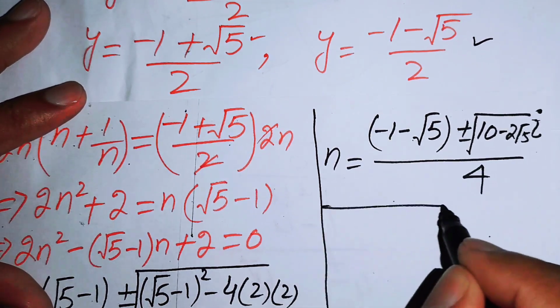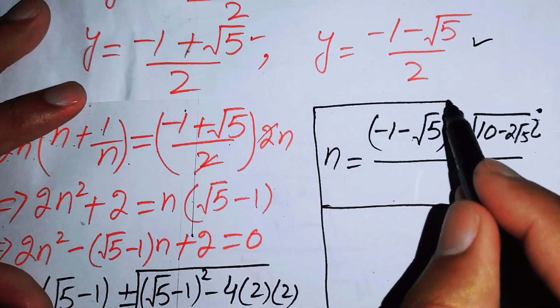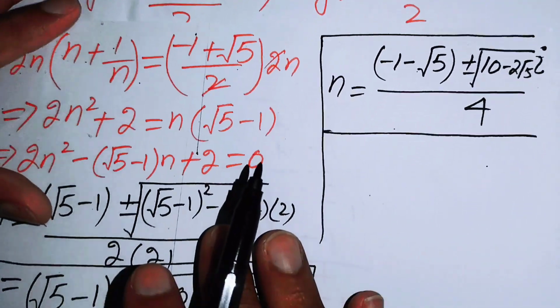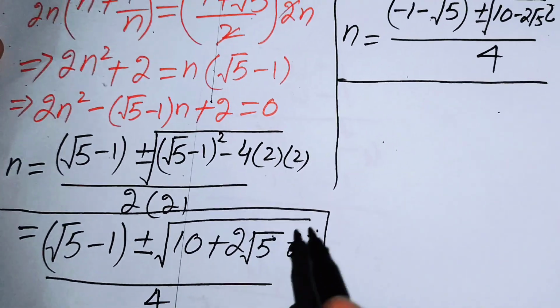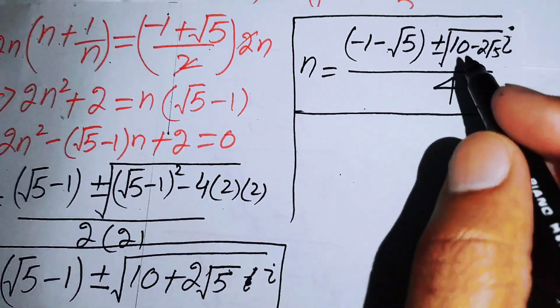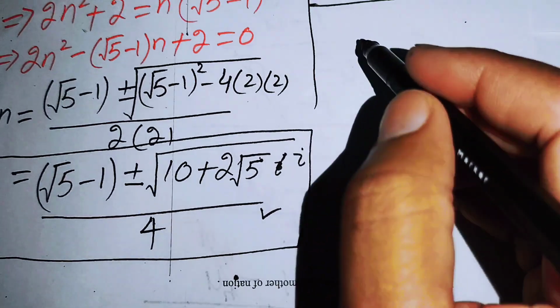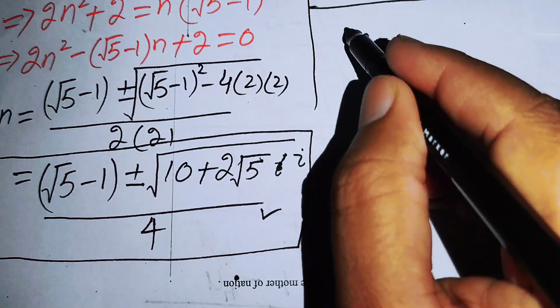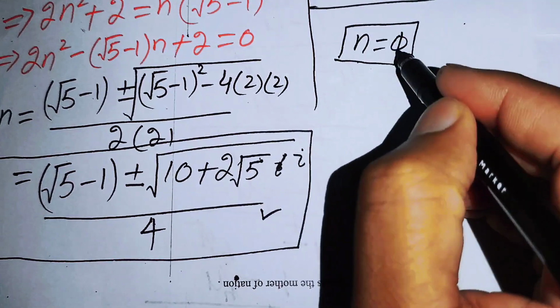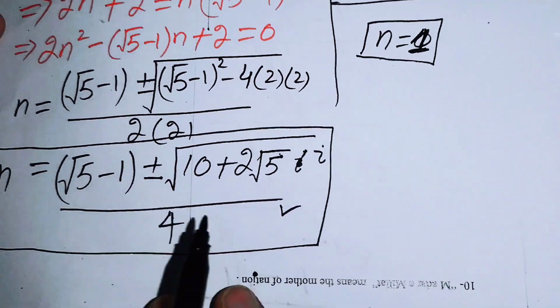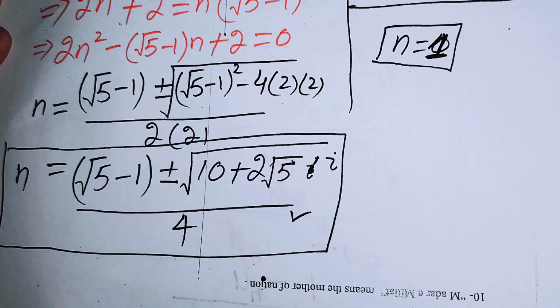So these are again two roots of the given equation. So finally we say that the 5 roots of the given equation are: 2 roots are this one, 2 roots are this one, and one root is n equals 1. So these are the 5 roots of the given equation, and this is our final answer.